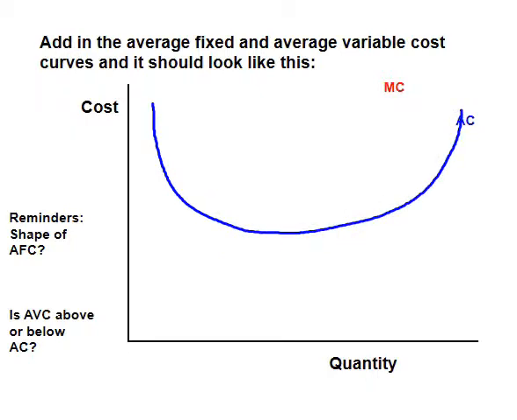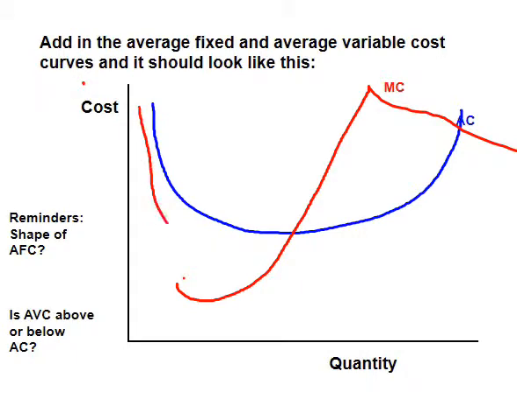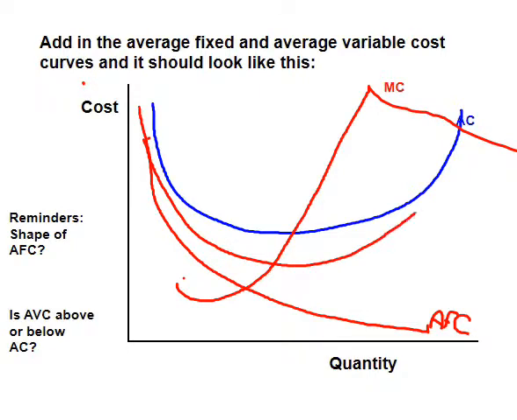Then the marginal cost, coming through the minimum. If we're adding the average fixed costs, we're coming down aggressively and then flattening out. So average fixed cost. And lastly, average variable costs will lie under the average cost curve. Average variable cost.